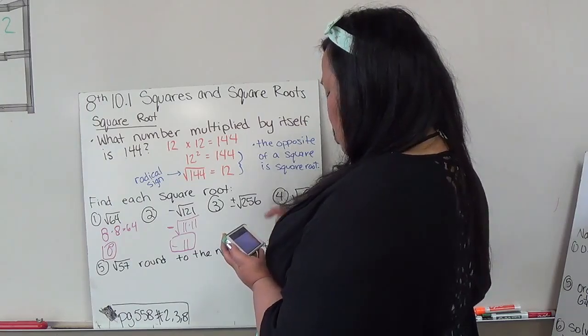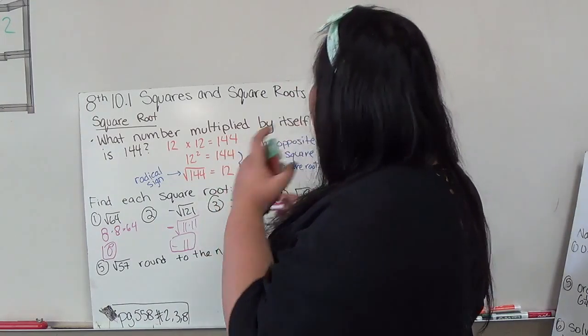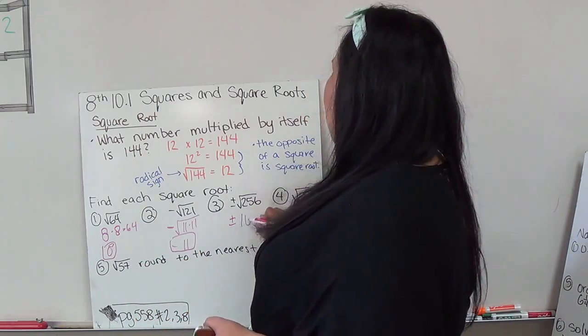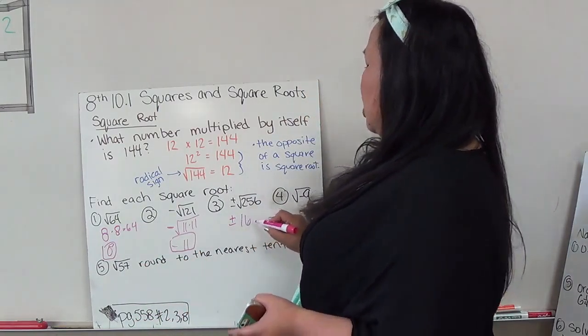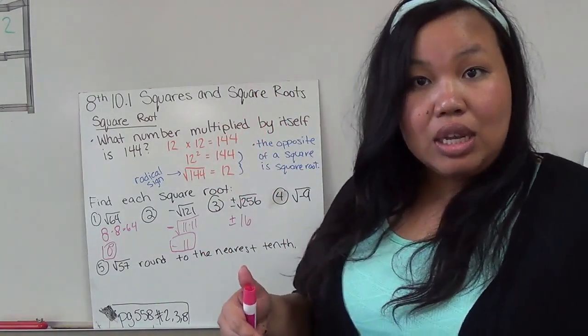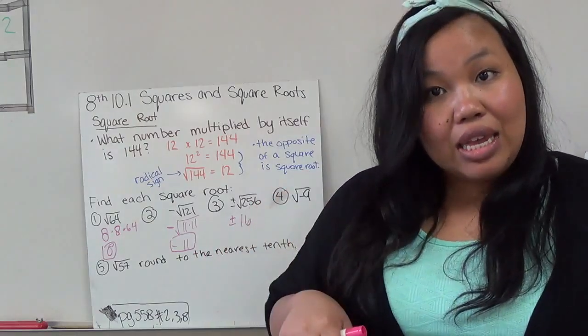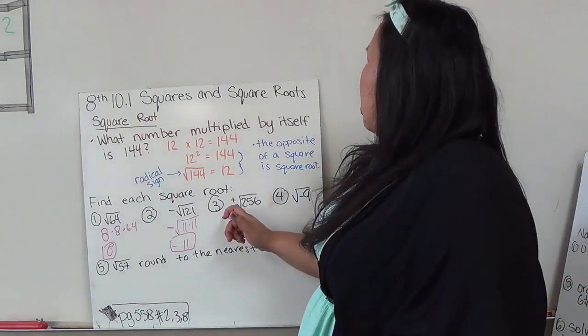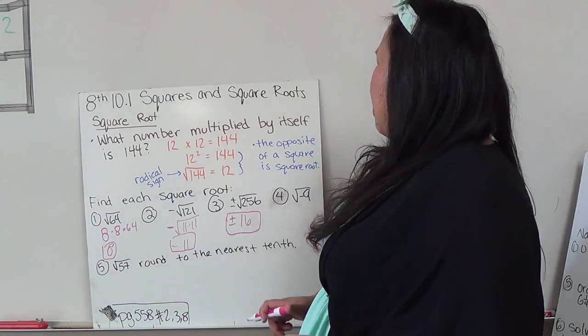The square root of 256 is 16. So this represents positive 16 and negative 16, so two answers. What that means is 16 times 16 gives me 256, but negative 16 times negative 16 also gives me 256. So that's this one right here.